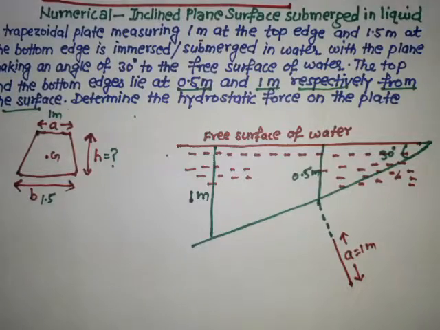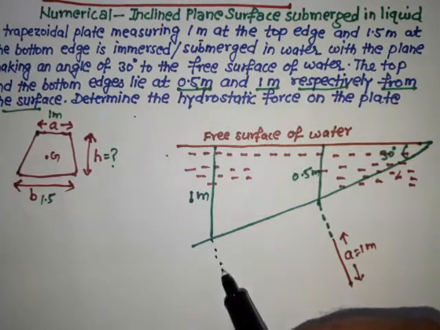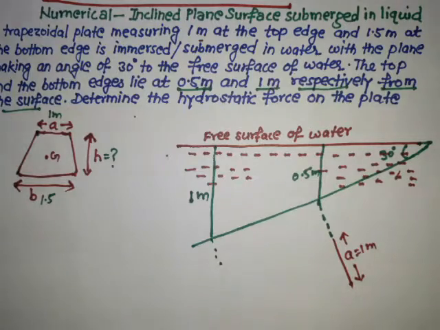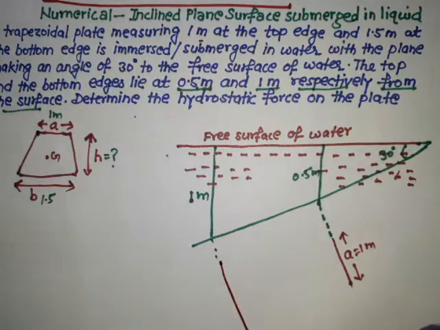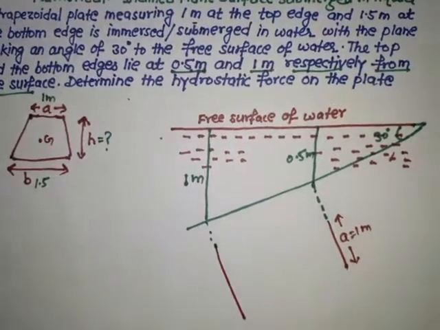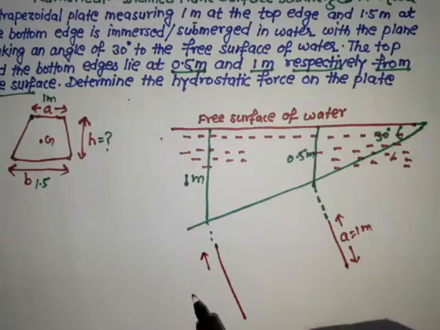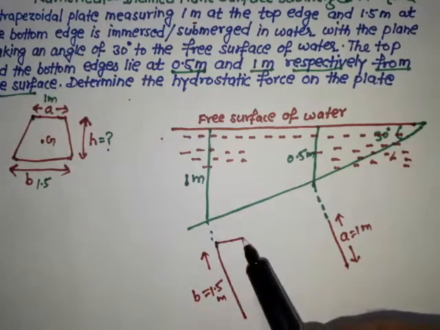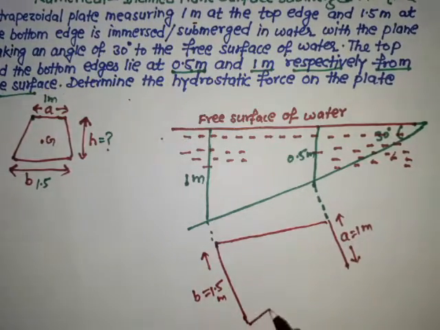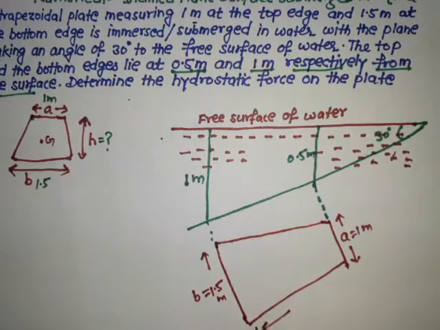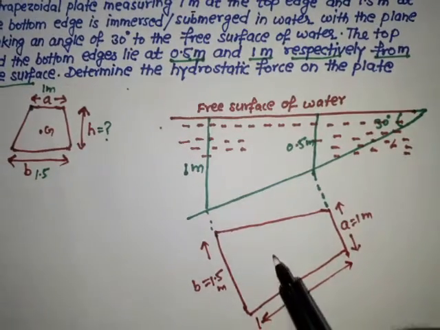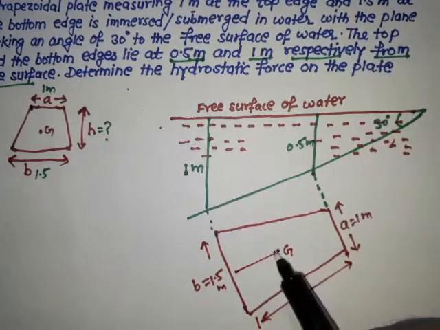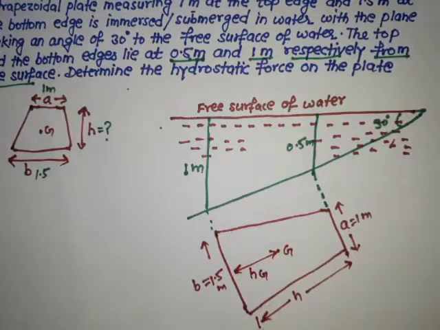So from this line, this is the bottom edge. So this is B, that is equal to 1.5 meter, that is given, and this is the trapezoidal plate that is immersed in liquid, and this is H we need to calculate, and this is the center of gravity, and this is the distance Hg.